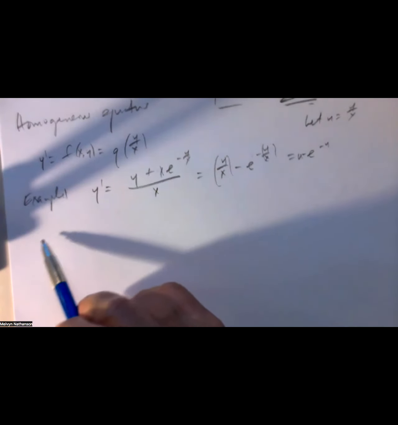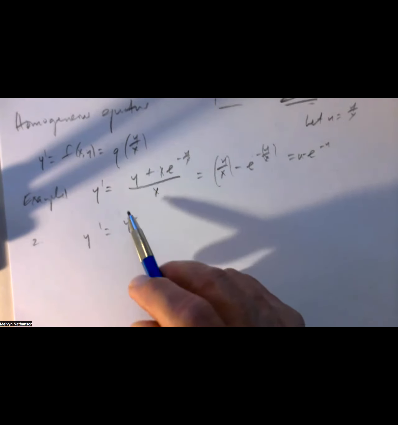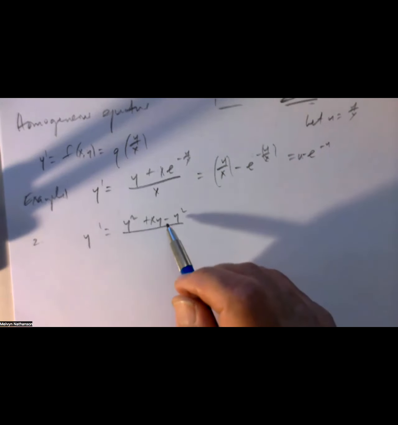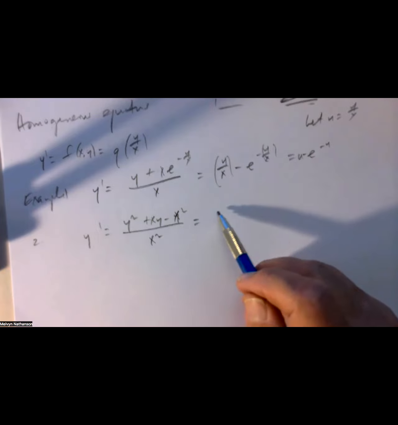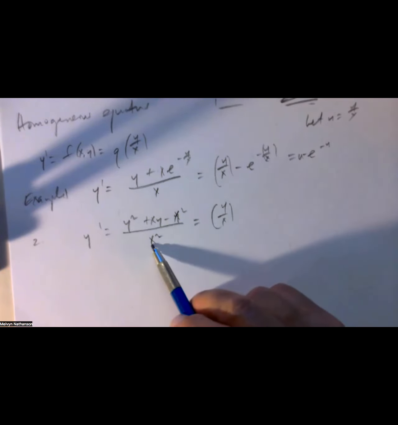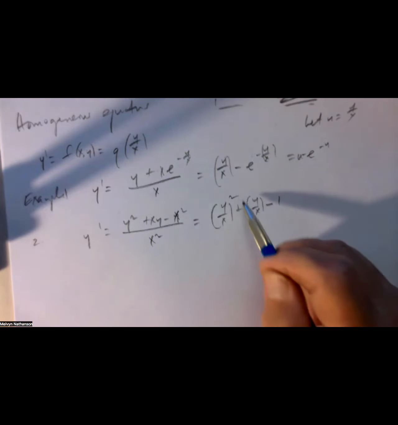Or second example, we let y prime be y squared plus xy minus y squared minus x squared over x squared. If you rewrite this rational function on the right, this is y over x squared plus y over x minus 1.